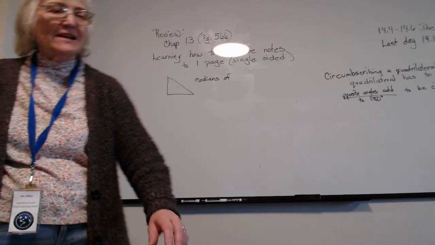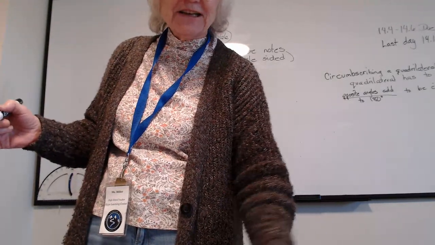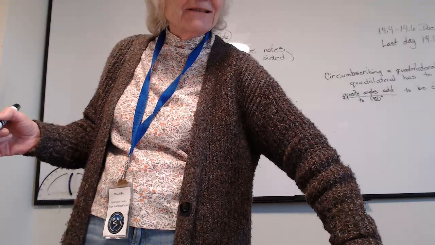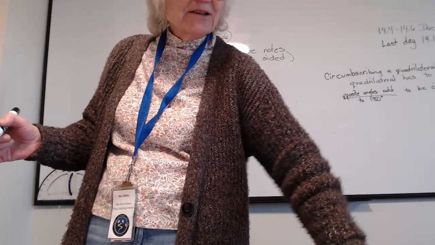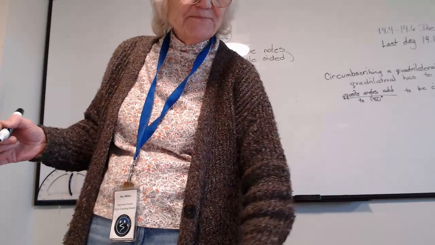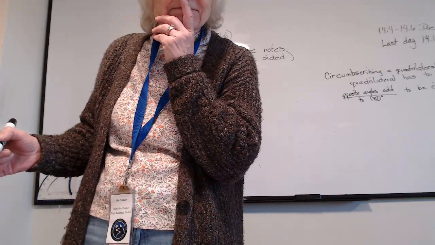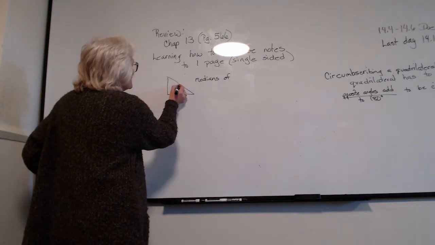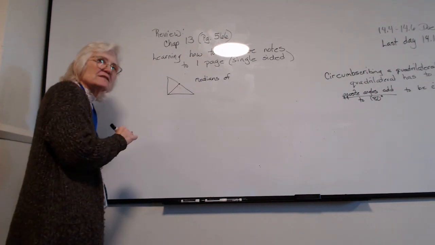How do you define a median? Yeah, that is what it is, but what is it in here? Look on your notes. It connects a vertex with the midpoint of the opposite side. So you find the midpoint of your side and go to the opposite vertex.